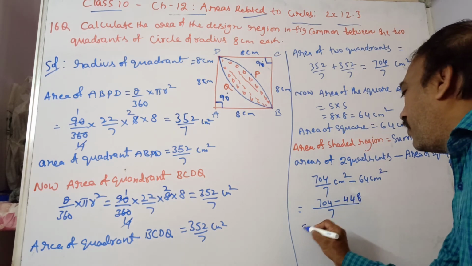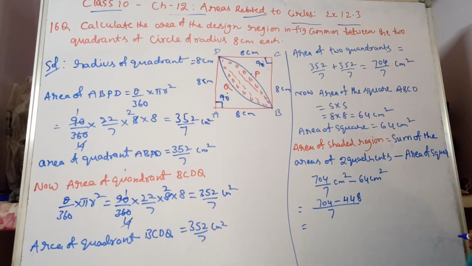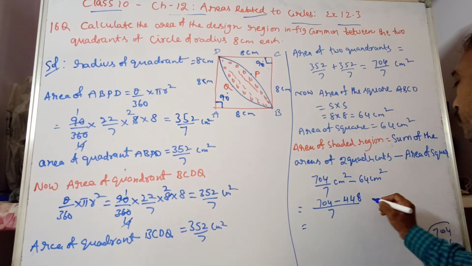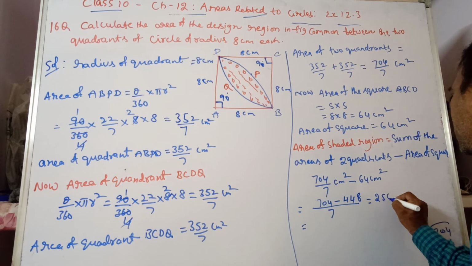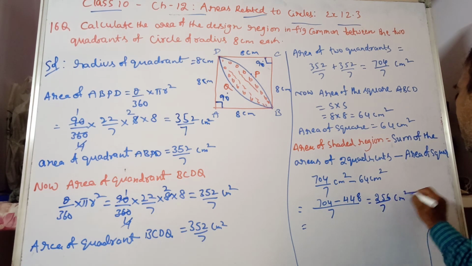Now you subtract: 704 and 448, 14 minus 8, 6, 9 minus 4, 5, 6 minus 4, 2, which is equals to 256 by 7 centimeter square.